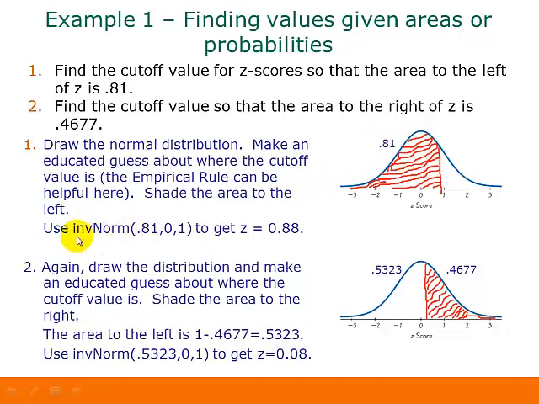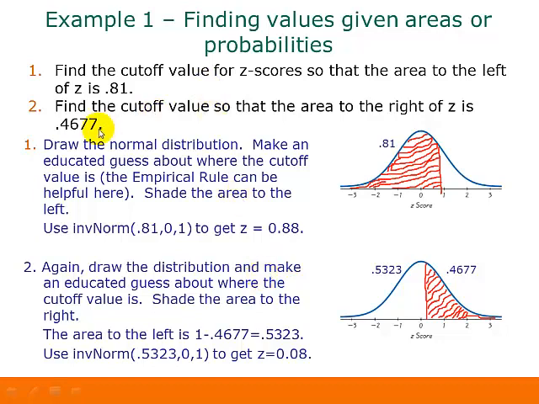So we would use the inverse norm function on the calculator, and here we put in the probability or the area, the mean and the standard deviation. If you put this in your calculator, you should get back an answer of 0.88. So that means that this value of z right here would be 0.88.